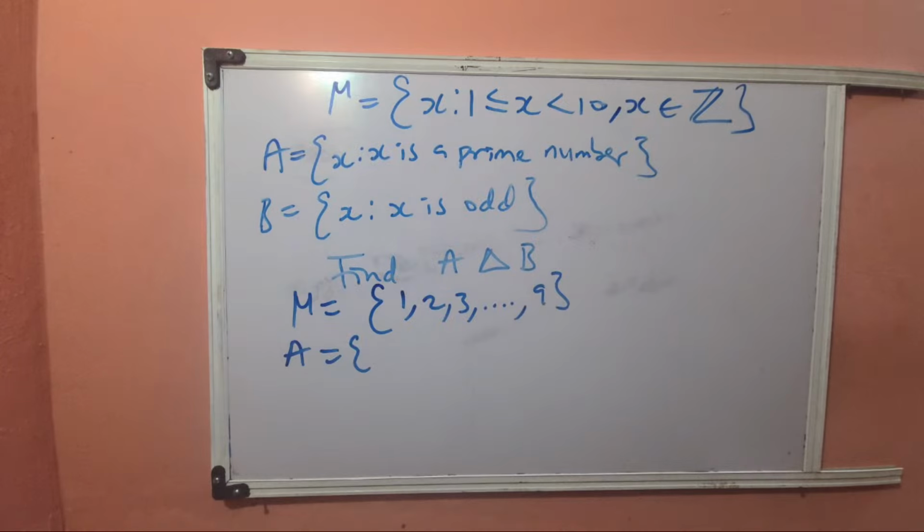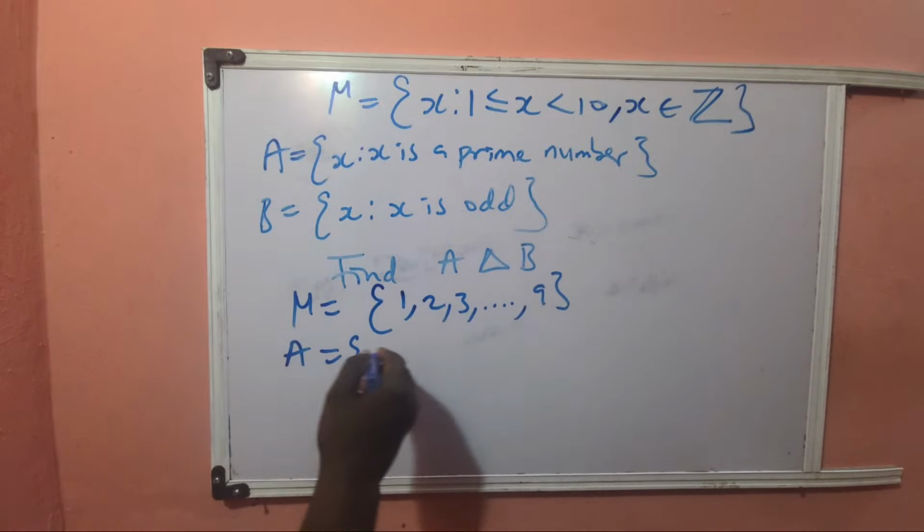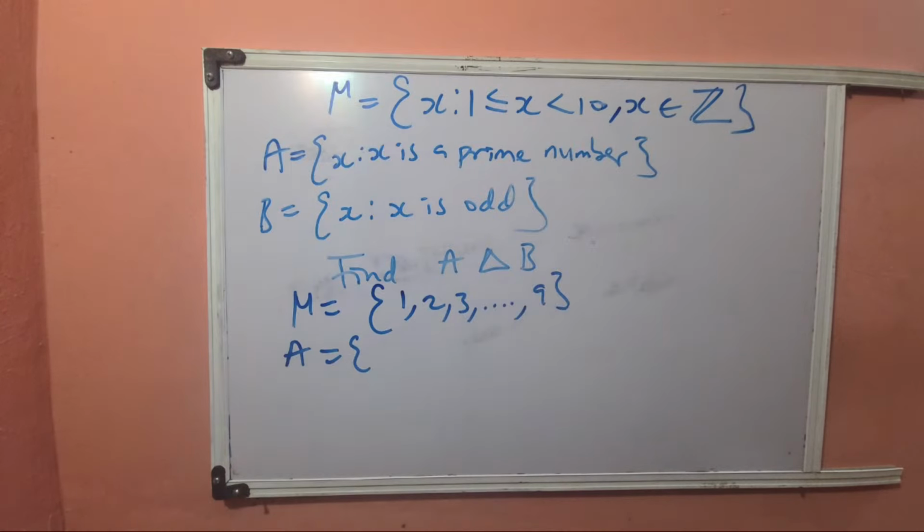You are not just picking all the prime numbers that exist in this world. You are taking the prime numbers that are in the universal set. So what do we do here? What are prime numbers? Is 1 a prime number? Of course not. Prime numbers are numbers that have two divisors, or factors, and that's 1 and itself. So 1 is not a prime number.